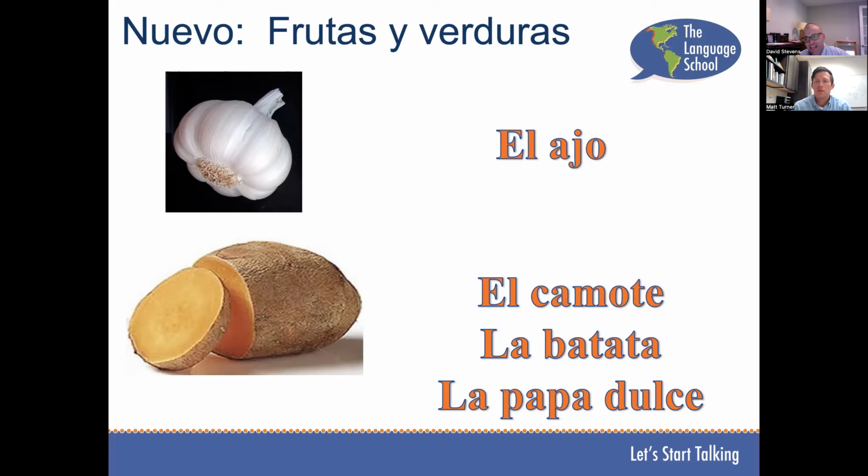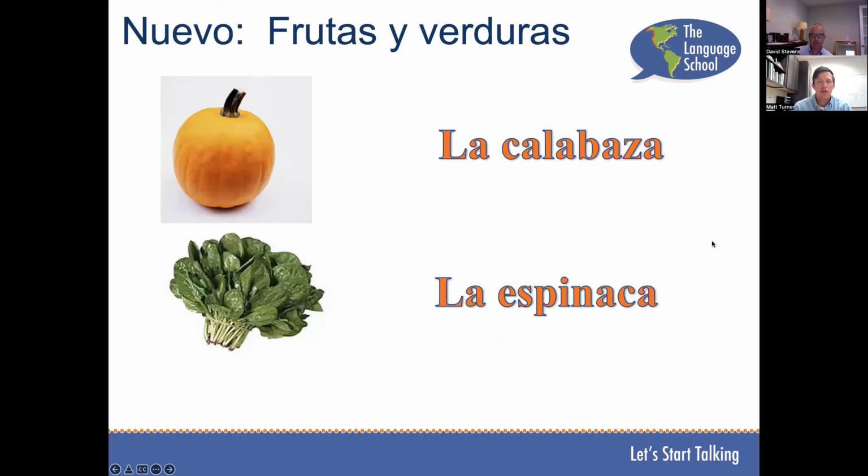La papa dulce is just kind of a Spanglish thing that's starting to happen from people that live here in the United States that are directly translating it because we call it a sweet potato. But it's technically not the right term. I only put that here just because you will hear that term here in the United States. Okay, so el camote, more than likely for me.